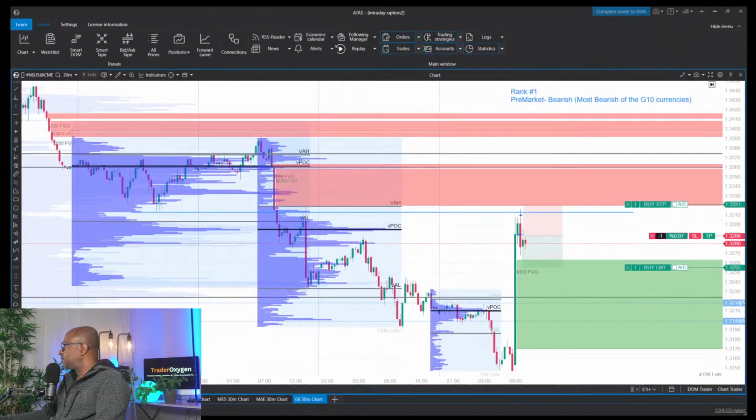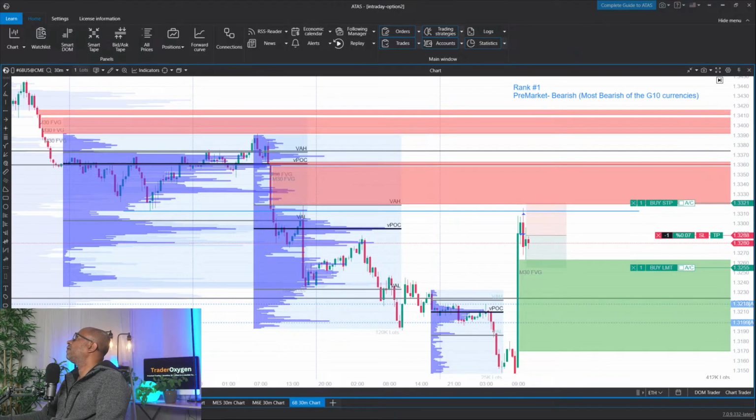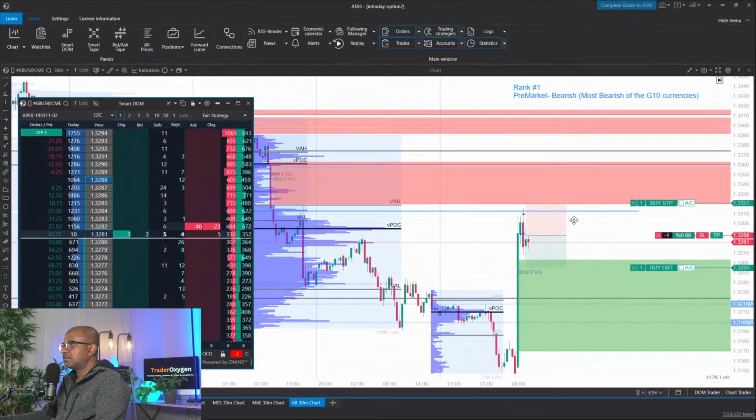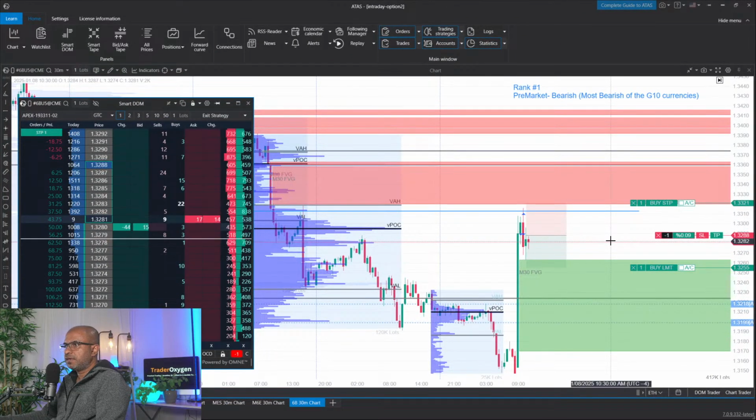Okay, so let's see what's happening now. Let's look at Smart DOM to see what's happening. You can see that it's not heavy trading.